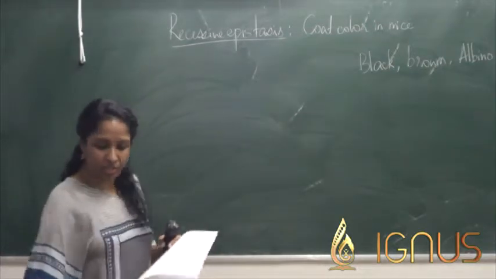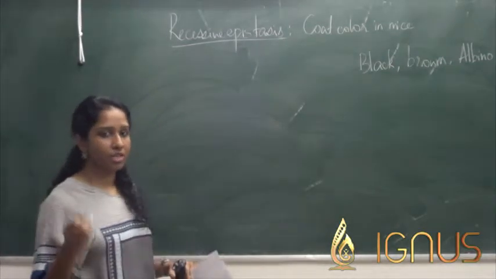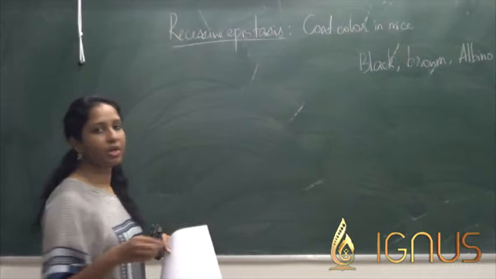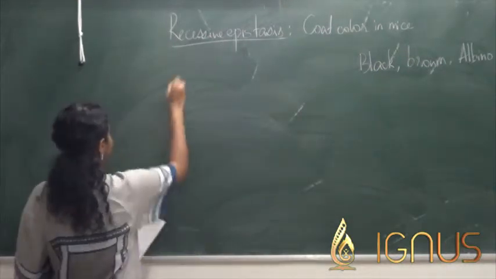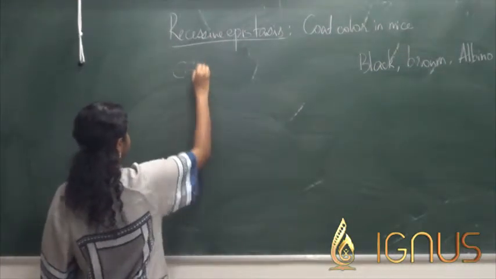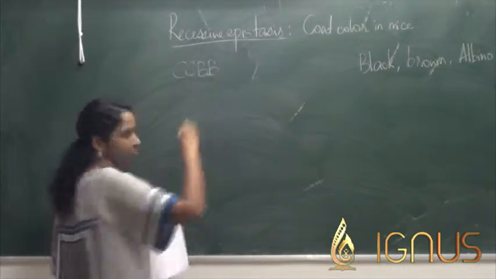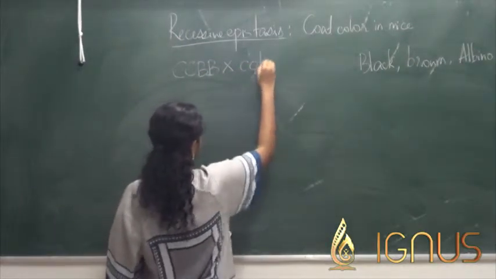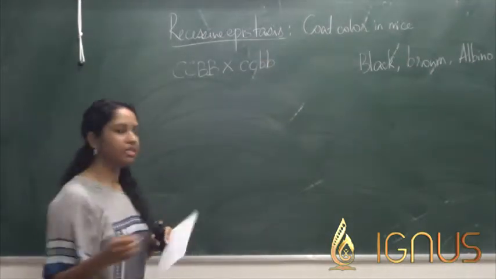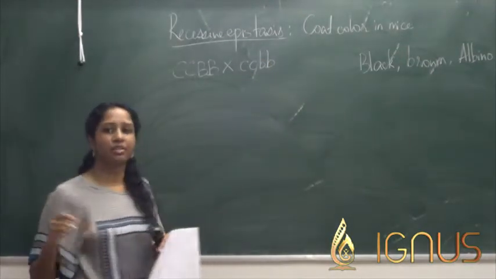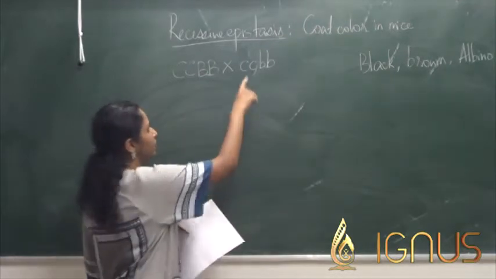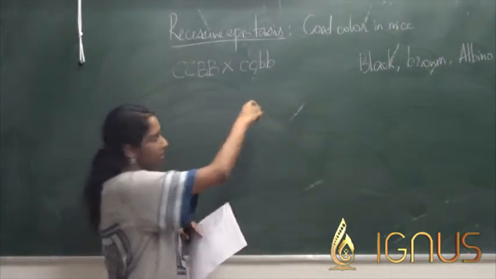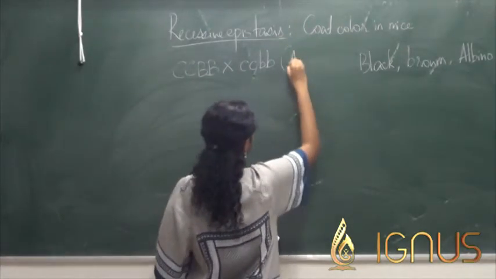So we are going to take parents who are homozygous dominant and parents who are homozygous recessive. So homozygous dominant parent, okay, crossing it with a homozygous recessive parent. Now because the C gene here is in homozygous recessive, the coat color for this parent will be albino.